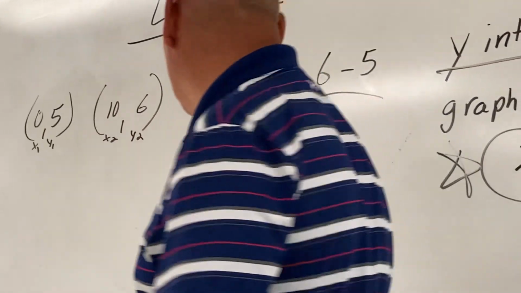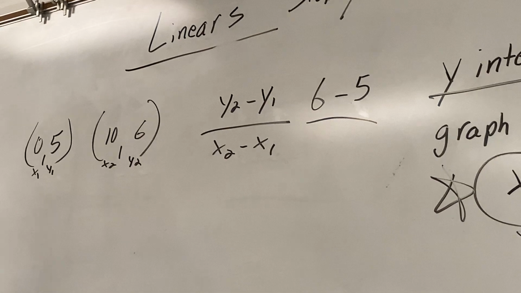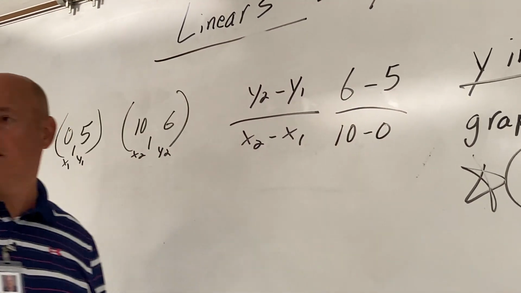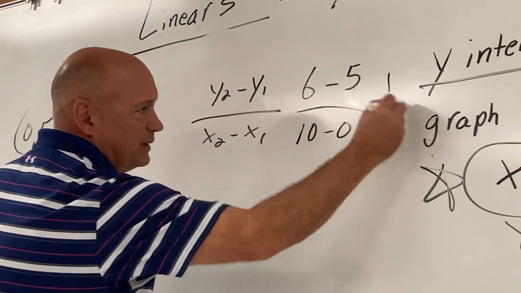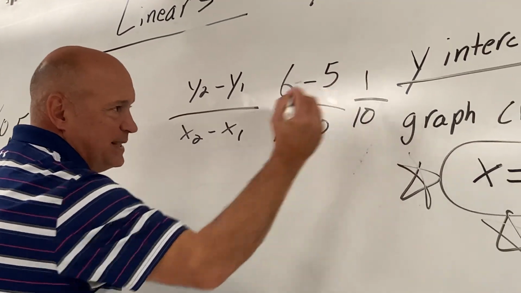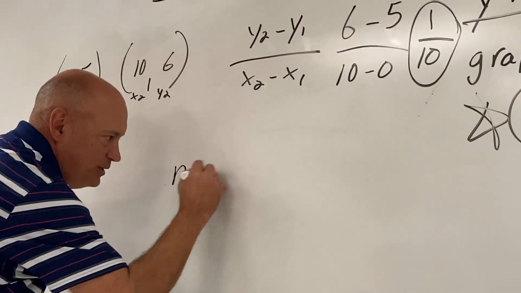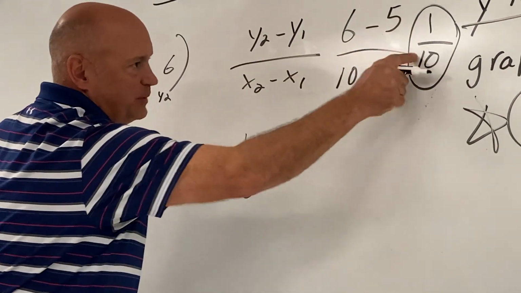Yolette, what do we put on the bottom? 10 minus 0. Very nice. Do y'all agree with Yolette? All right, so let's do the math. What's 6 minus negative 5? 11. What's 10 minus 0? 10. What is my slope here? 11 over 10. So if they ask you to find the slope, you're going to do that formula.